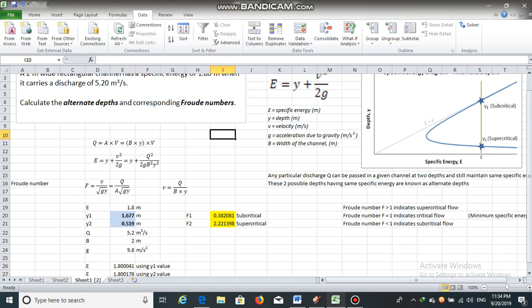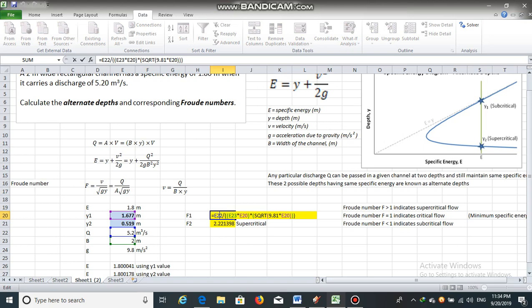Now Froude number for a rectangular channel is represented by this equation: F is equal to V by root gY, which is equal to Q by A root gY, because Q is equal to A into V. Now F1, I've already typed the equation. Instead of V, we'll be using Q by A into root gY.